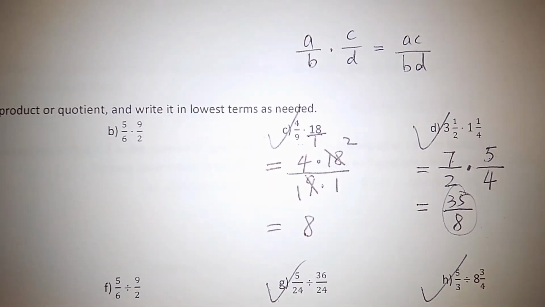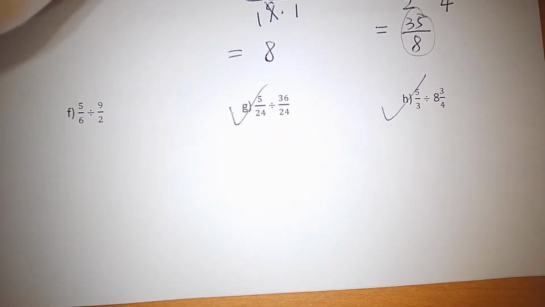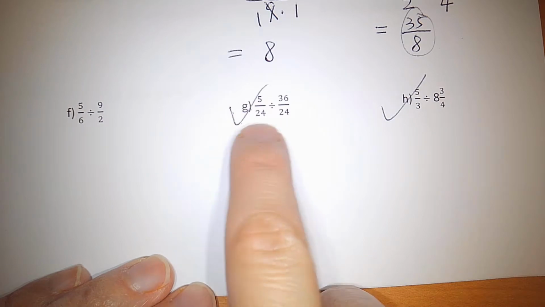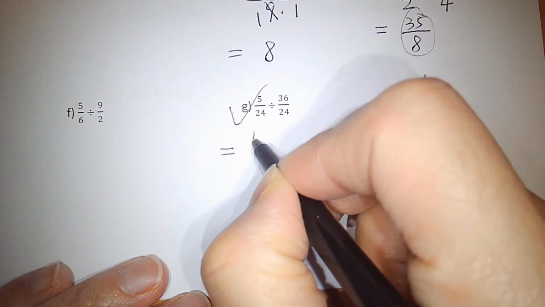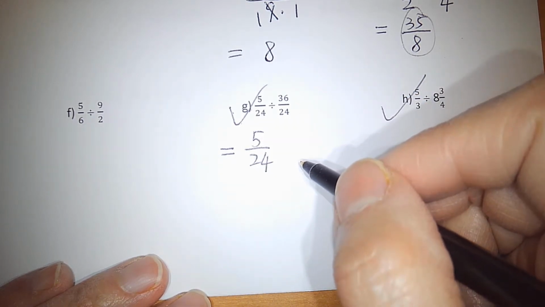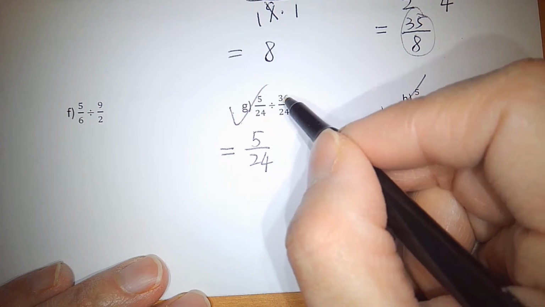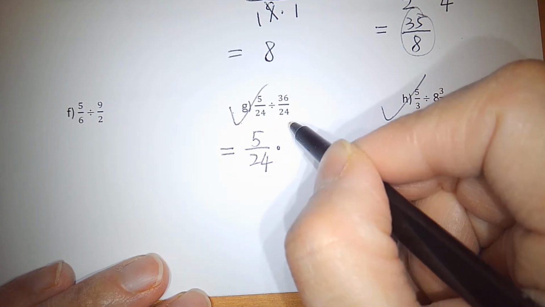And for fraction division, okay, let's try question G and H. When we have a division of two fractions, what do we do, guys? We are going to keep the first fraction, no change, okay? However, divide by the second fraction means multiply by the second fraction, flipped upside down, right?